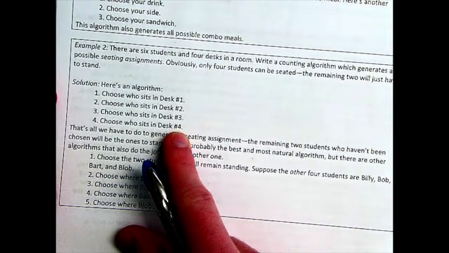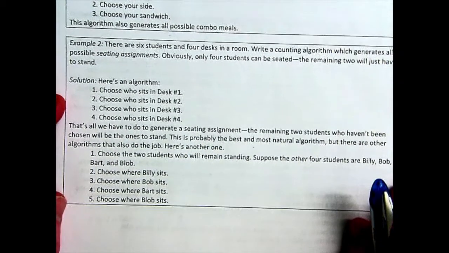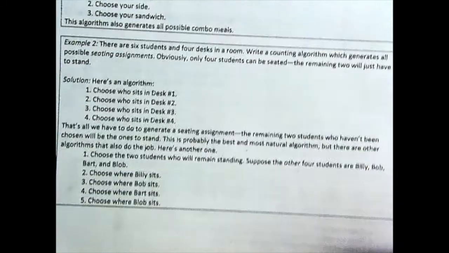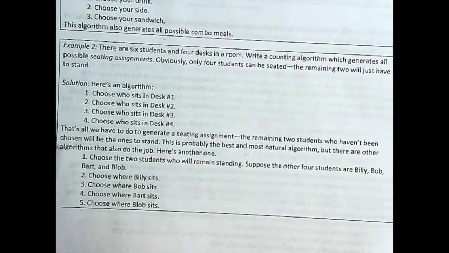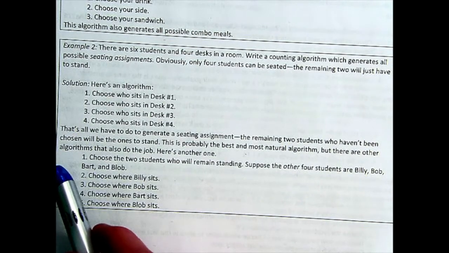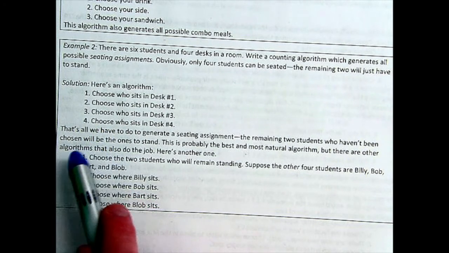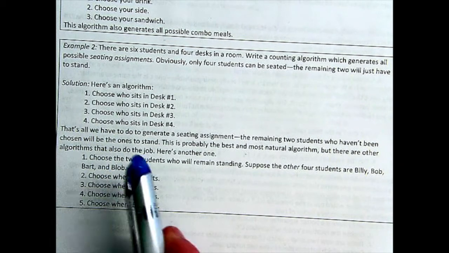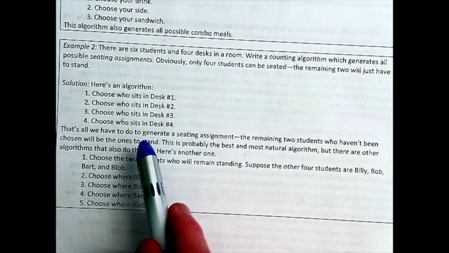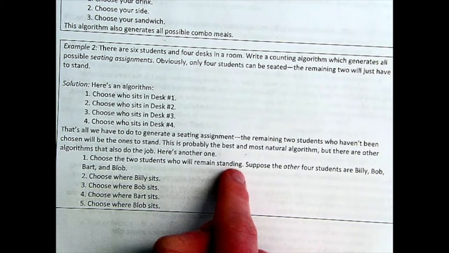Now, what's interesting about this example is that there is actually a different counting algorithm that you could write down, one that is maybe substantially different, and it goes like this. We know that 2 people are going to be left standing. So if you liked, you could begin by deciding which 2 students are going to stand. Maybe you start by picking your least favorite 2 students. So step 1, choose the 2 students who will remain standing.